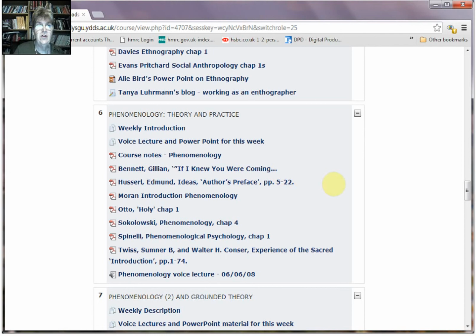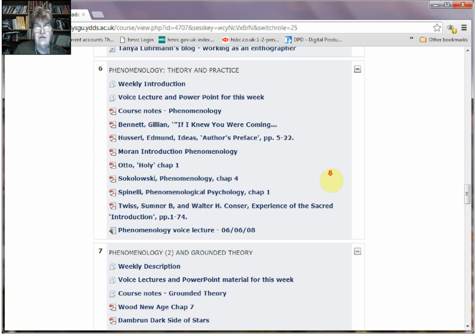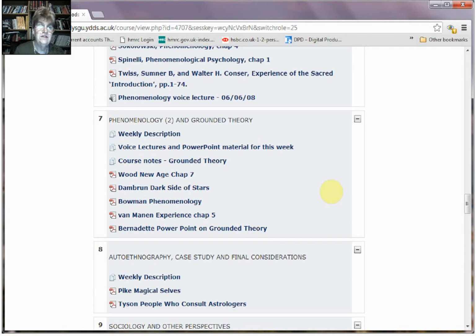And similarly, we go into phenomenology, which is questioning a sense of where we are coming from and looking at things from different perspectives, not just from the human perspective. And we have 2 weeks on phenomenology where we experience just the general theory, but also then we dip into grounded theory, areas that you'll probably use in research, so we'll explore grounded theory.